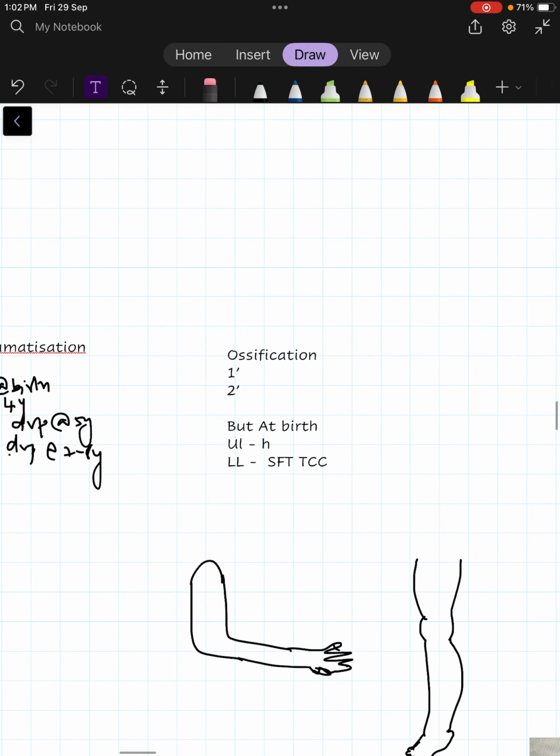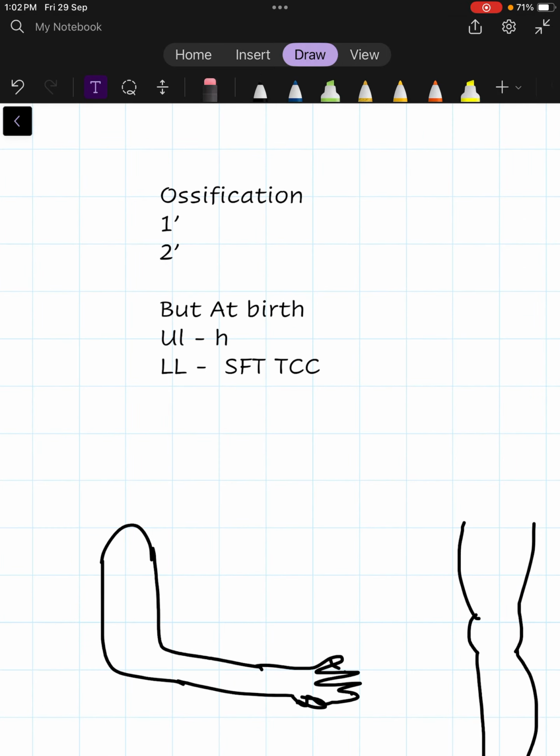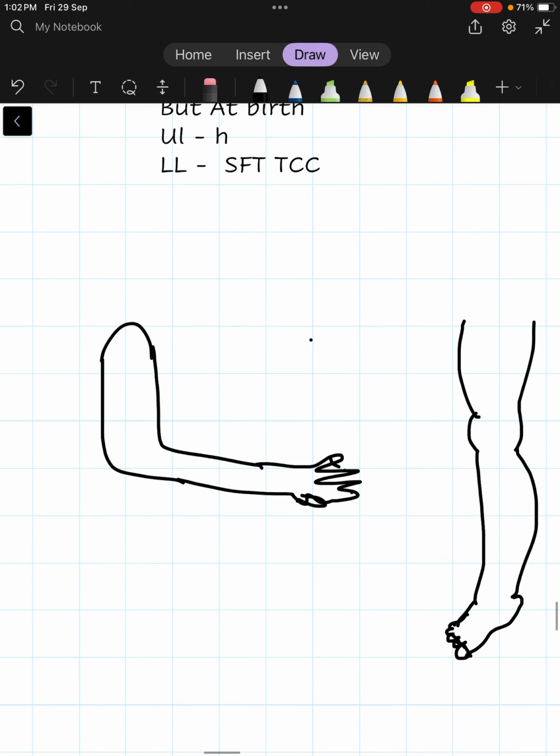Now, usually before birth we only have primary ossification, then postnatally we have epiphyseal secondary ossification, but some structures have secondary ossification at the time of birth itself. They will be the head of humerus.